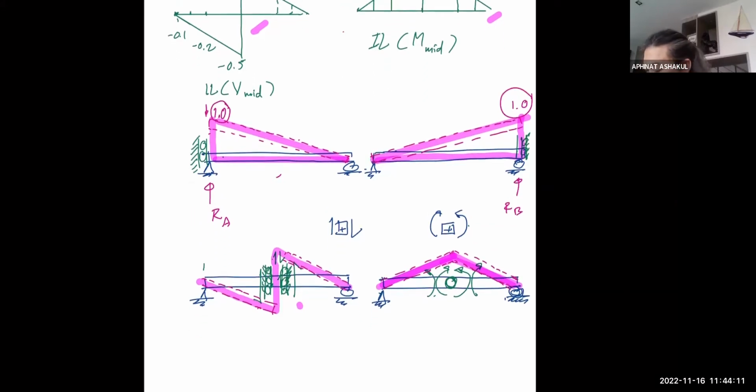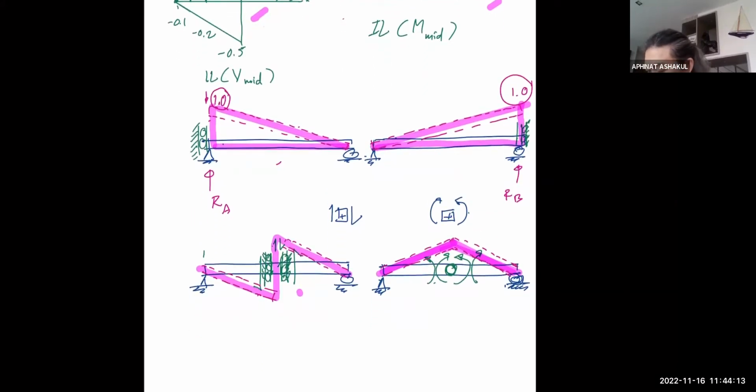Okay? Now, here, you can place the unit load at midspan and calculate the shear. You know the magnitude is 0.5 and 0.5. Or you can just look at the ratio because this is midspan and it has to have the same slope, so you split it in half and it becomes 0.5.